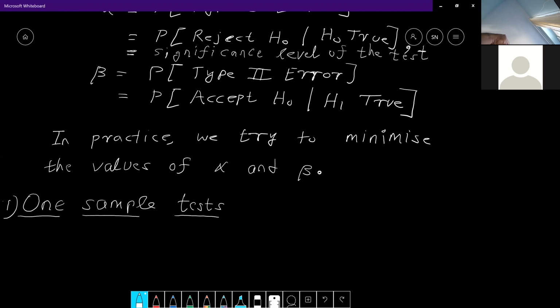The first thing I'm going to do is the following: a test for population mean.